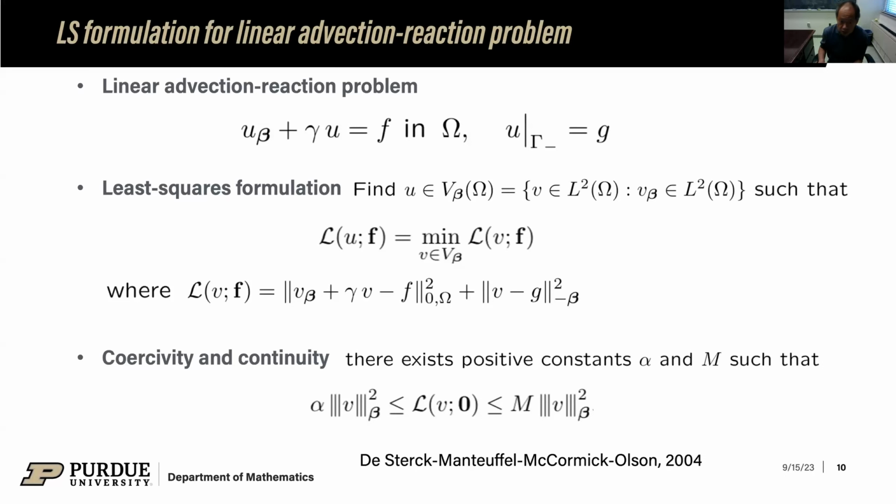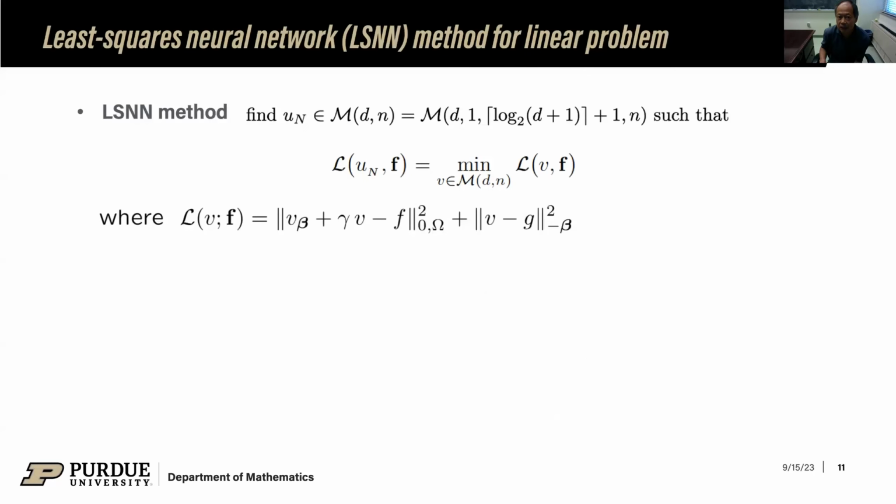Okay, so once we have this least square formulation, then we can use the neural net instead of finite element space, right? So I can minimize this least square functional in the set of neural networks. That's basically what we do. That's the reason I call this a least square neural network method for linear problems.